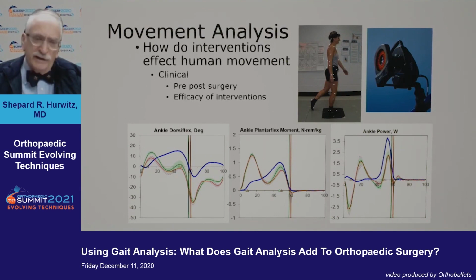And one of the most useful applications has always been in looking at a patient pre and post surgery. And as Mark said before, that's one of the elements of showing the value and efficacy from a biomechanical standpoint of an ankle replacement versus an ankle fusion.